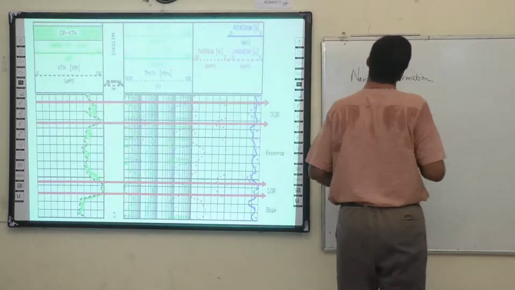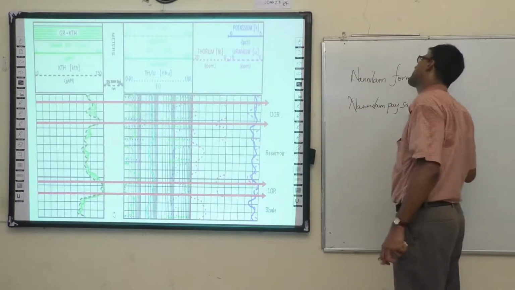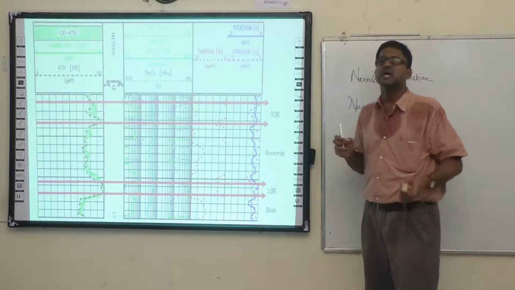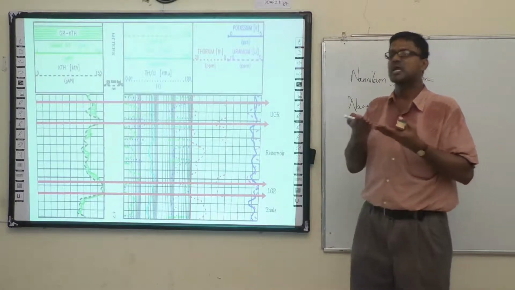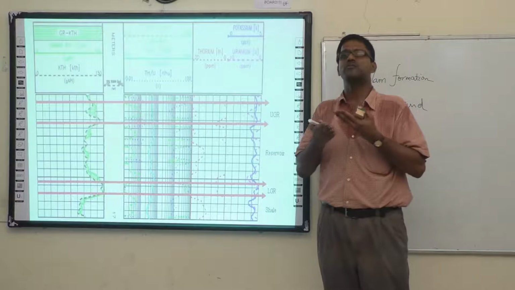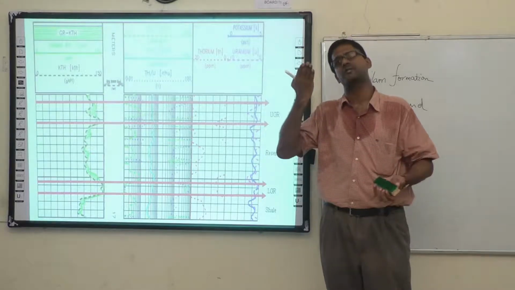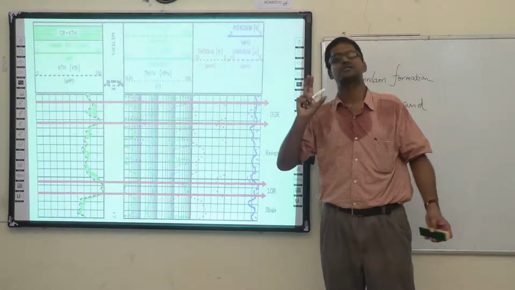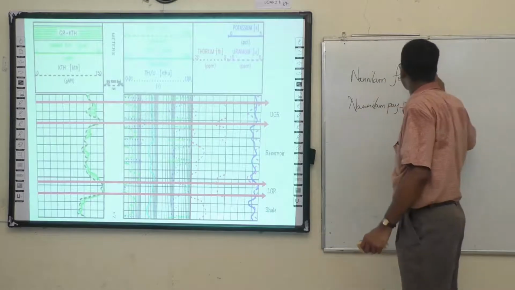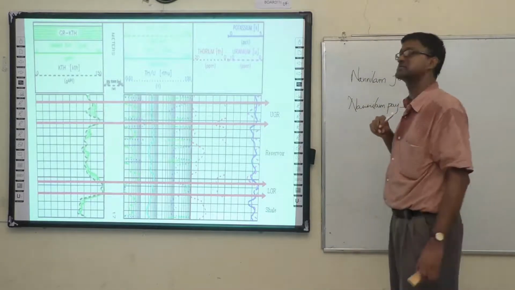The basic difference is that the Nandilam formation, suppose it is encountered from 2000 meters to 1000 meters, is 1000 meters thick. So we say that the Nandilam formation is 1000 meters.